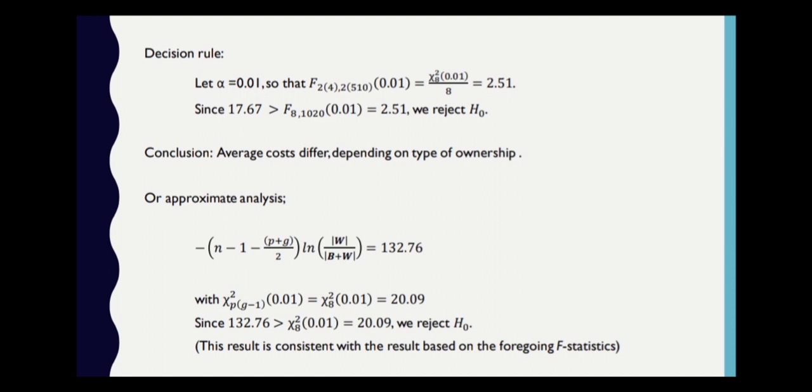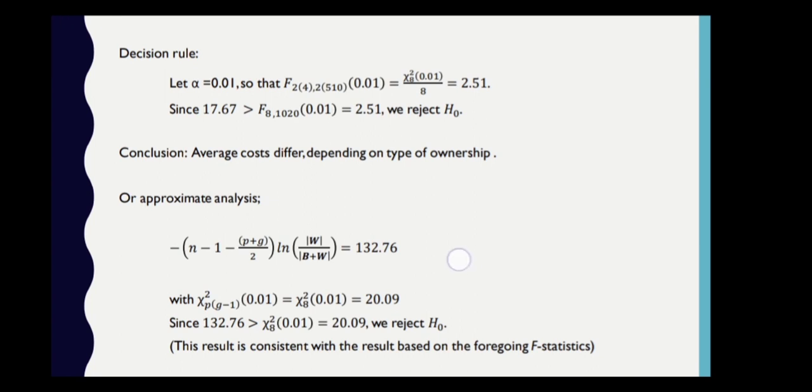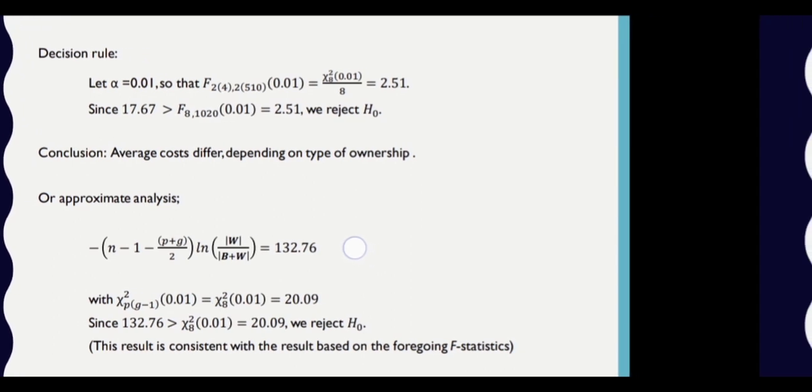So we also can use this alternative to make the decision about the hypothesis. Okay, compare this test statistic dengan chi-square with p(g minus 1) degrees of freedom. So you akan dapat the same result. The result will be consistent, and then you can make the conclusion as before this. Okay.